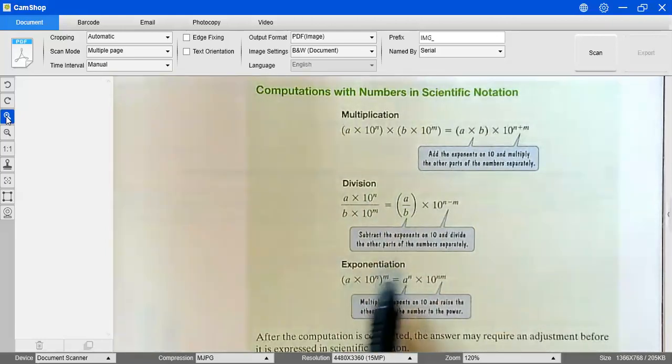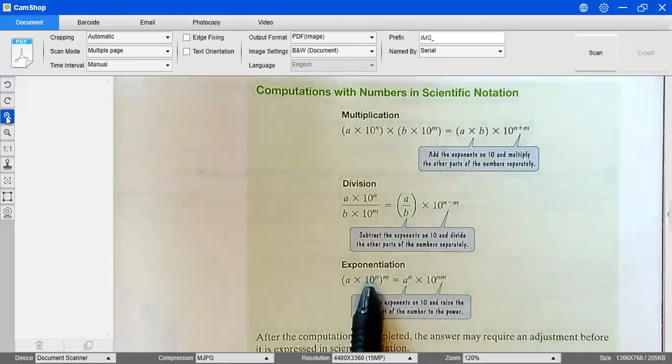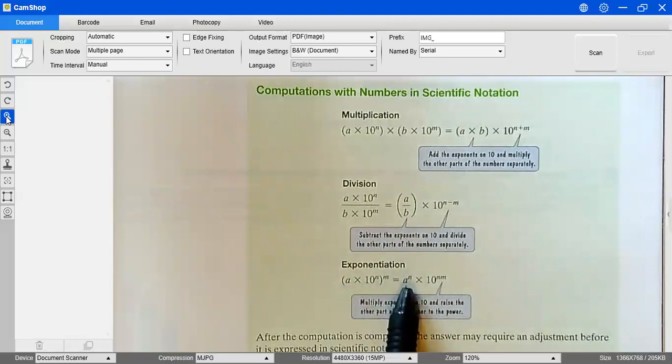Finally, you can raise a number written in scientific notation to a power. If you raise a times 10 to the n to the power m, you're going to raise a to the m, so you need to fix the typo here.